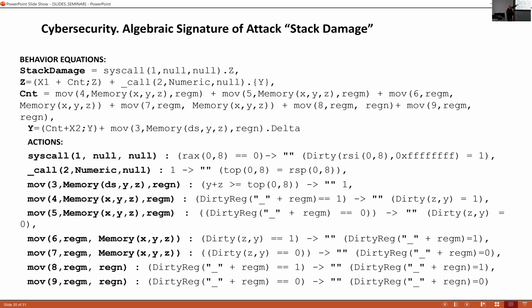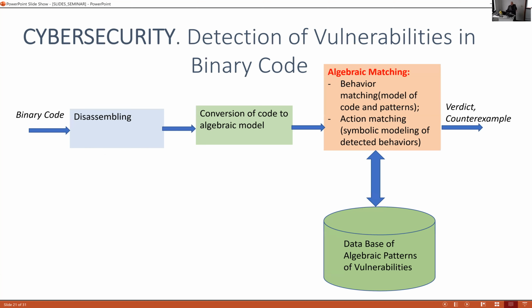We can add the action with some constraint which is suitable for us, because we have the behavior equation. So how does it work? We get the binary code, disassemble it, and convert it to an algebraic model.